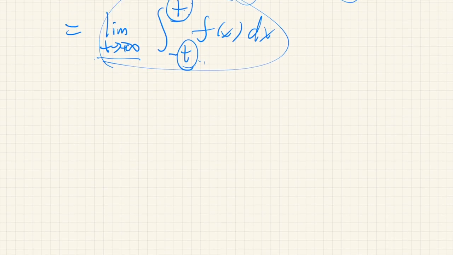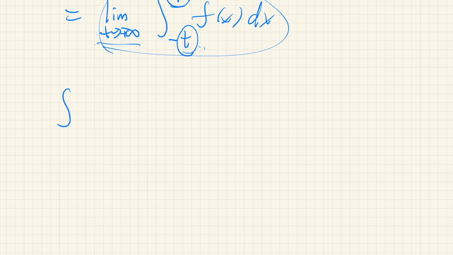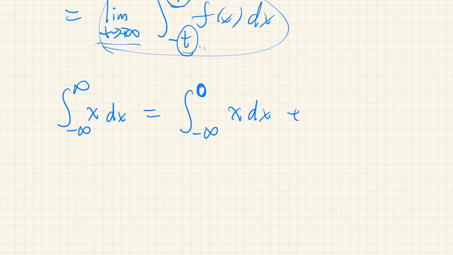Okay, let's see a simple example. Let's integrate this simple function x from negative infinity to positive infinity. According to the original, correct definition, this should first be split into two improper integrals. Let's say for the constant, we take 0 here. So negative infinity to 0 and 0 to positive infinity.